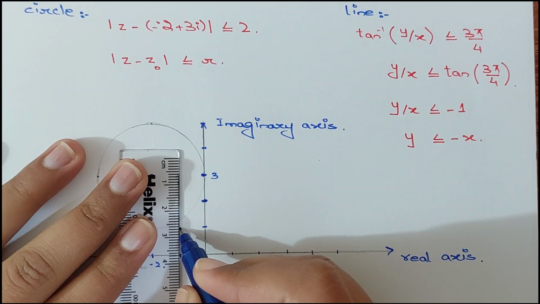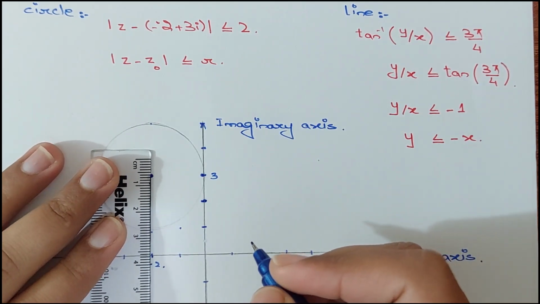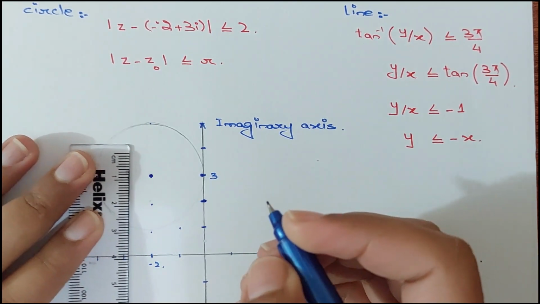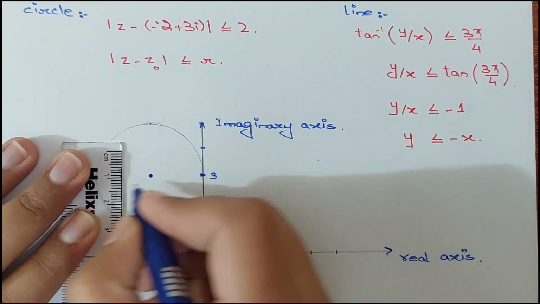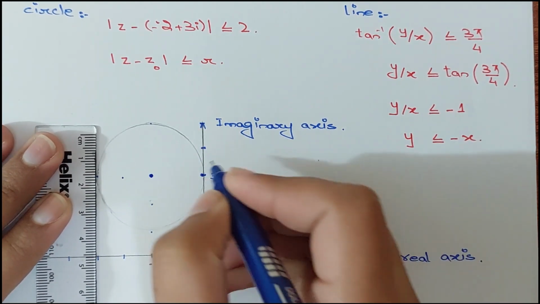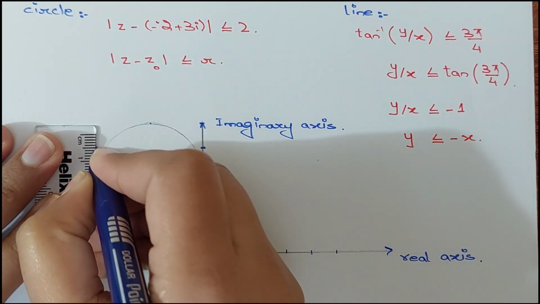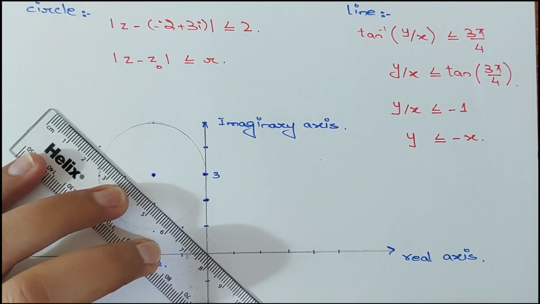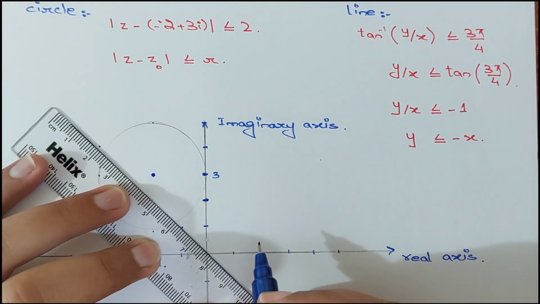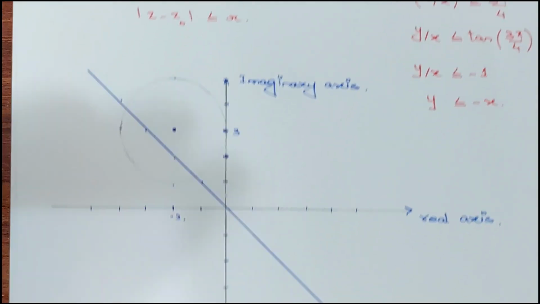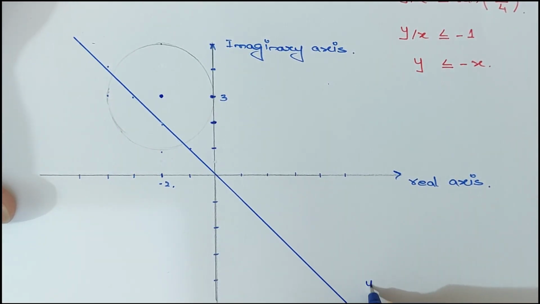So if I draw this point over here, y is 2, x is -2, y is 3, x is -3, y is 4, x is -4, and the same on the other side. So let me sketch this line passing through the origin. So this is the line for y equals -x.